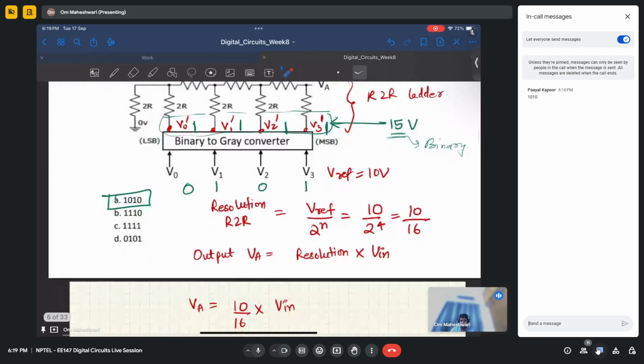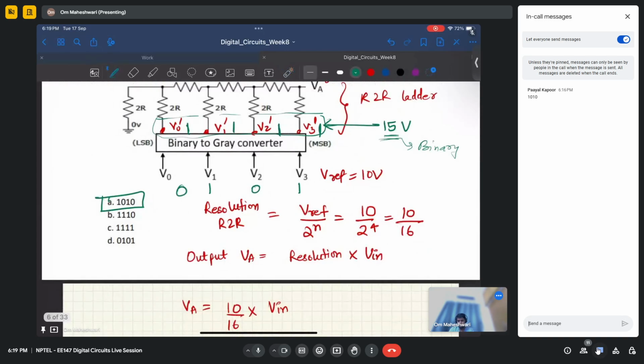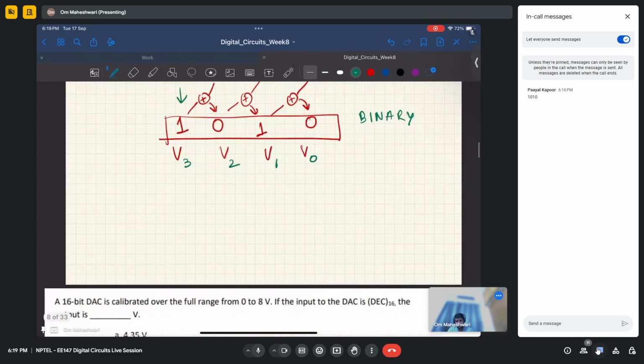One thing to note here, one very important thing to note. The resolution of R2R is Vref by 2 to the power n. This is true only for R2R. So for R2R DAC, resolution is Vref by 2 to the power n.